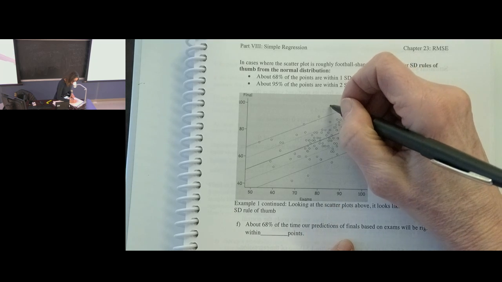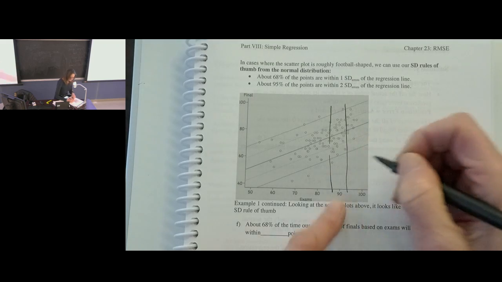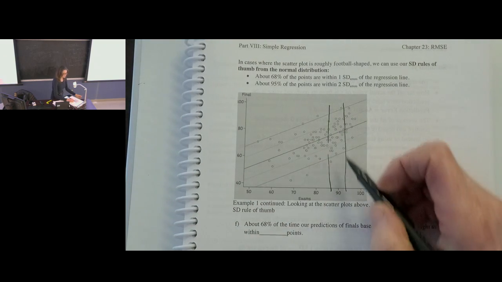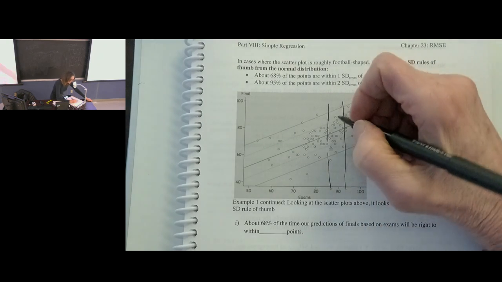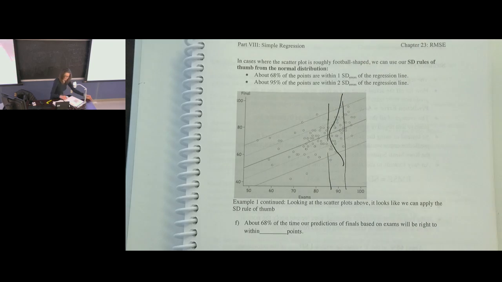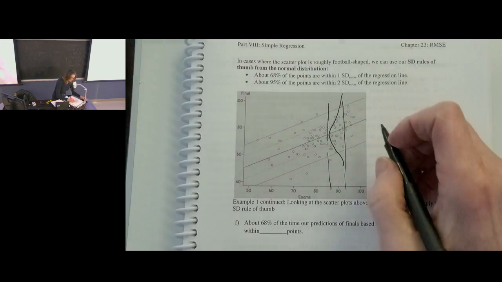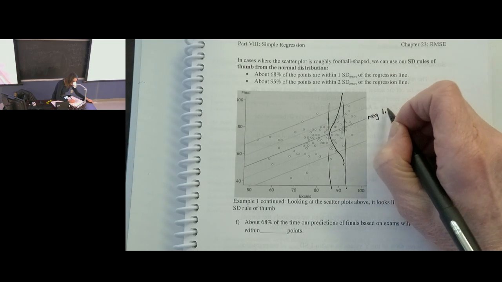If you take a vertical strip around here, you have the prediction of 78 point something, but within each little interval, there's like a normal curve centered at the prediction. If it looks roughly like that, so this is our regression line right here.